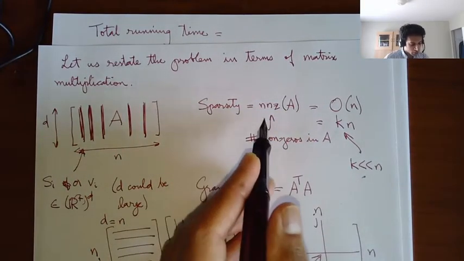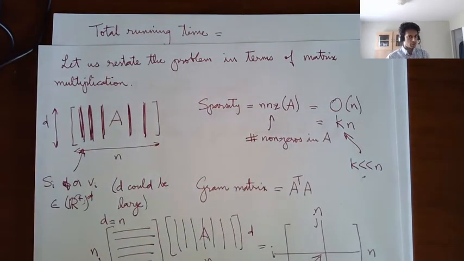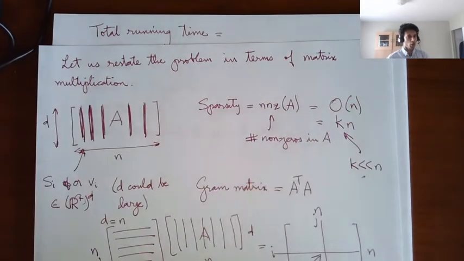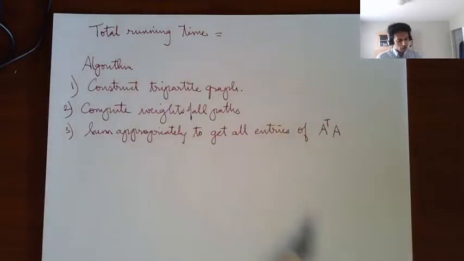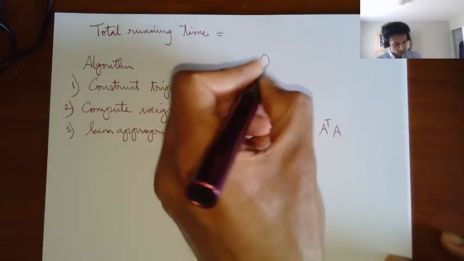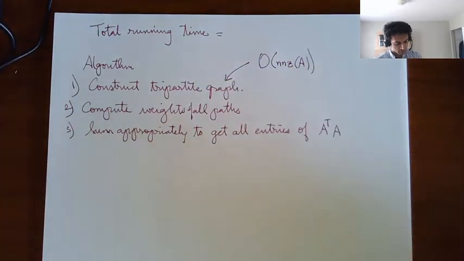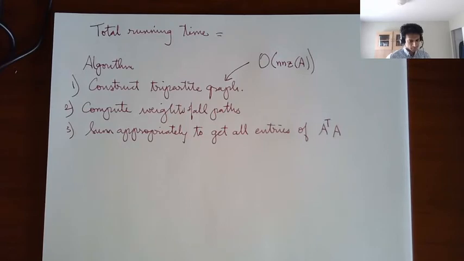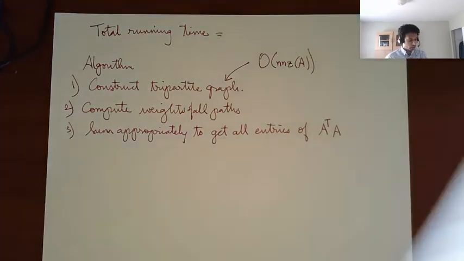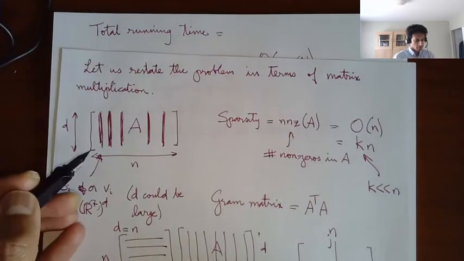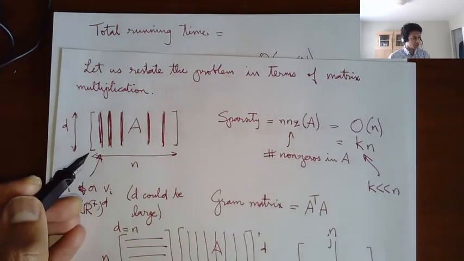But in general, the sparsity is quite small. So given that the sparsity is small, surely you can construct this in time O of the number of non-zeros of A.